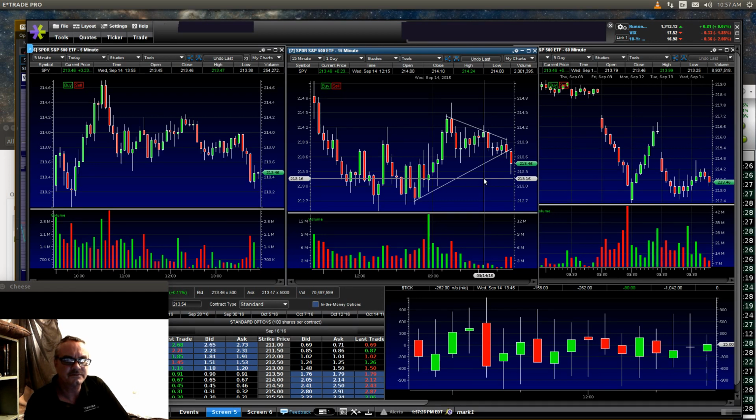3 minutes left in this 15-minute candle, and it almost wants to be a volume expansion down thrusting candle, but still the stars are not quite in perfect alignment in my view for a trade.